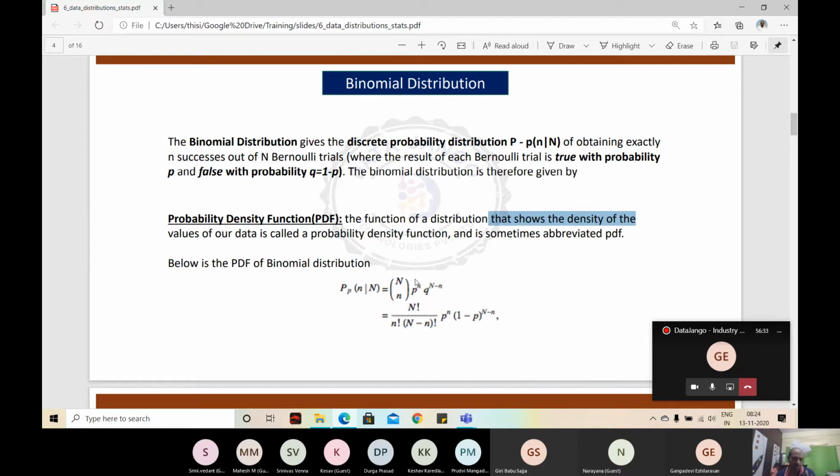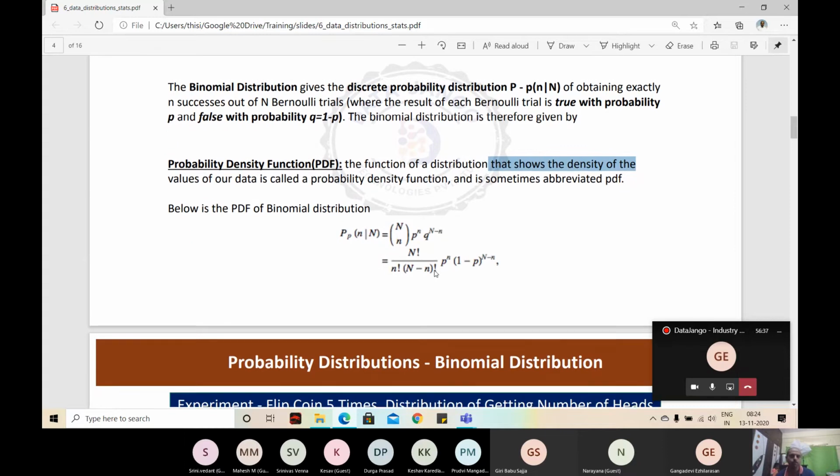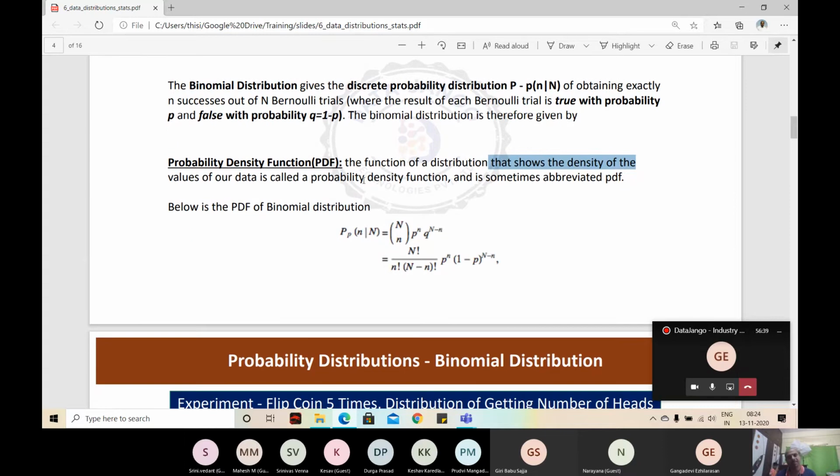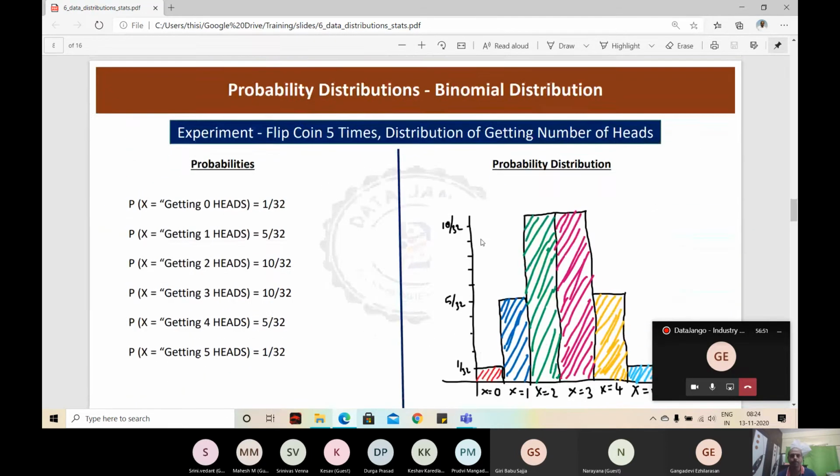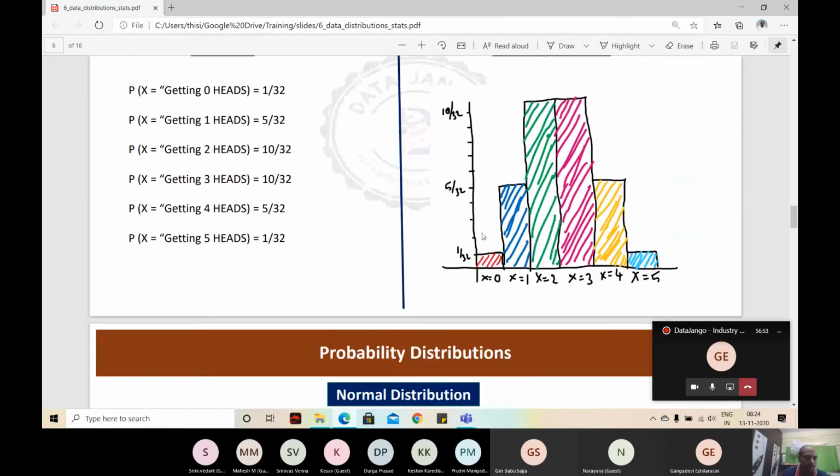They are not really different; only the names are different. If you Google it, the definitions are very confusing, but when you spend some time, there is nothing big. Okay, any questions so far on binomial distribution?